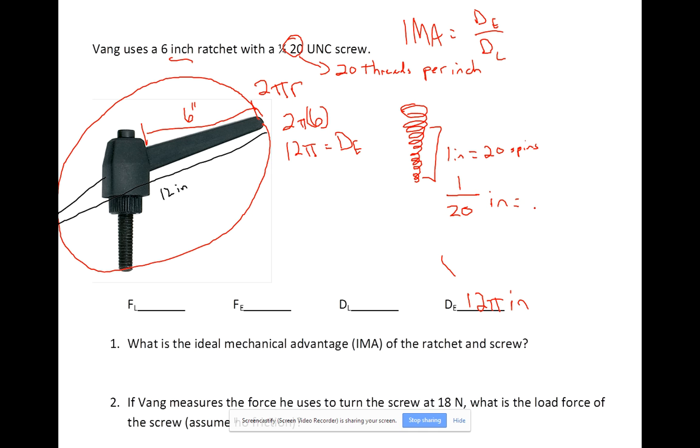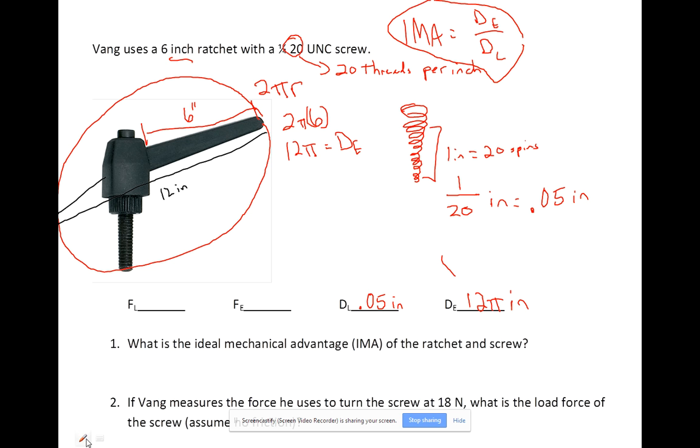Another way to write that using a decimal would be 0.05 inches. This is how far the screw is going to move every turn. 0.05 inches. So we would say the distance of the load then is 0.05 inches.